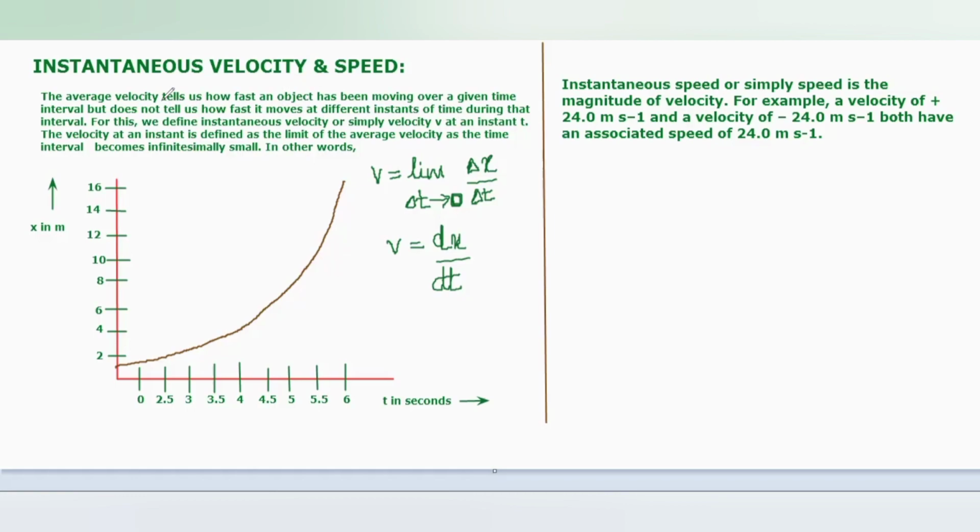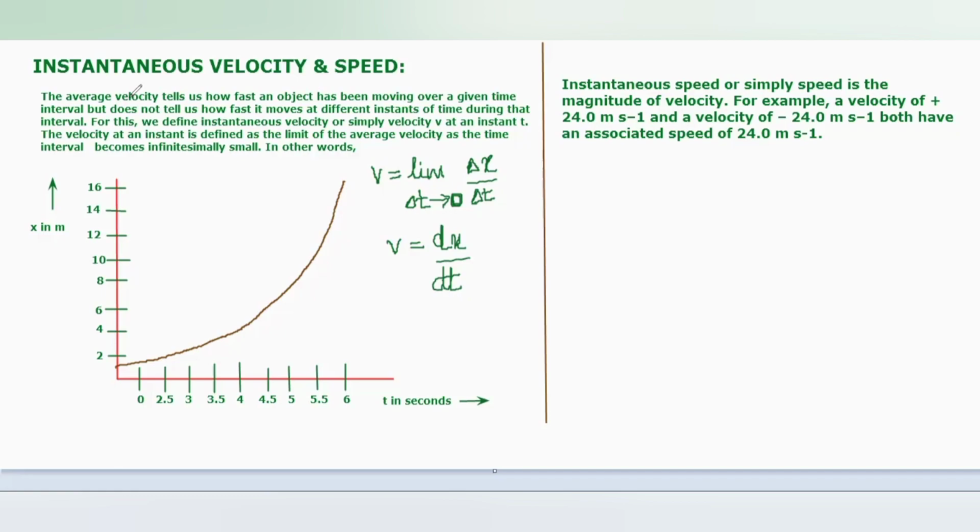For a given time interval of 18 seconds, that means in the motion O to P, 440 meters, or 0 to 18 seconds, on average, the object is moving with a velocity 24.44 meters per second.